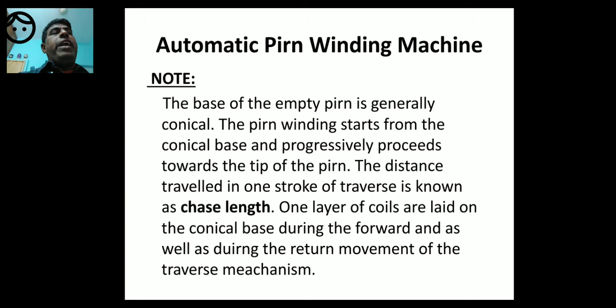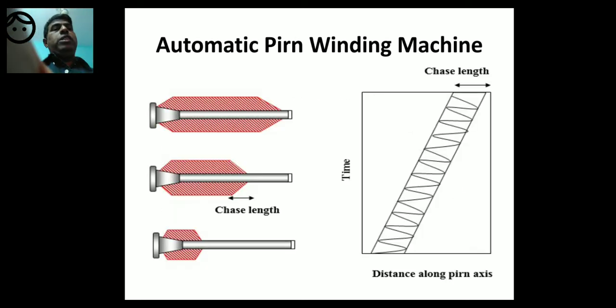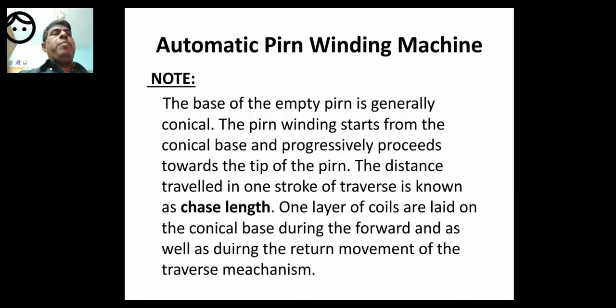So this is the tip of the pern. You can observe that the other end is the tip of the pern, and this end is known as the base of the pern.